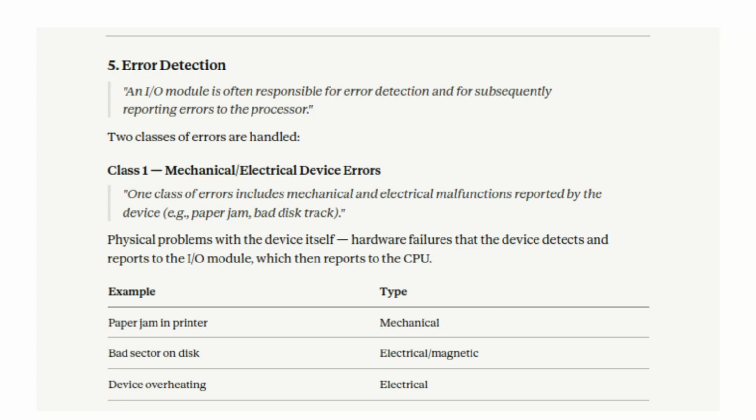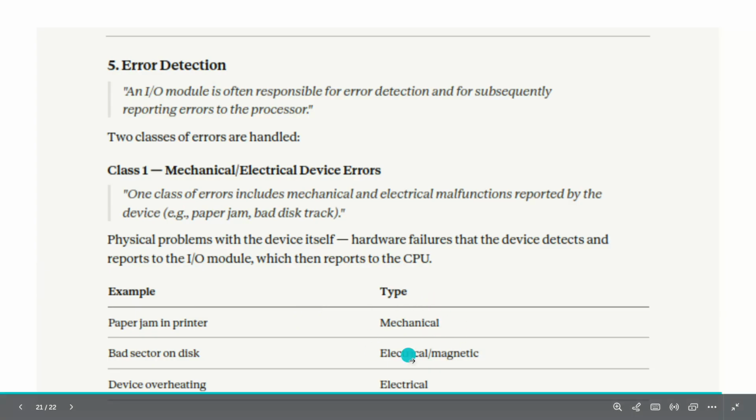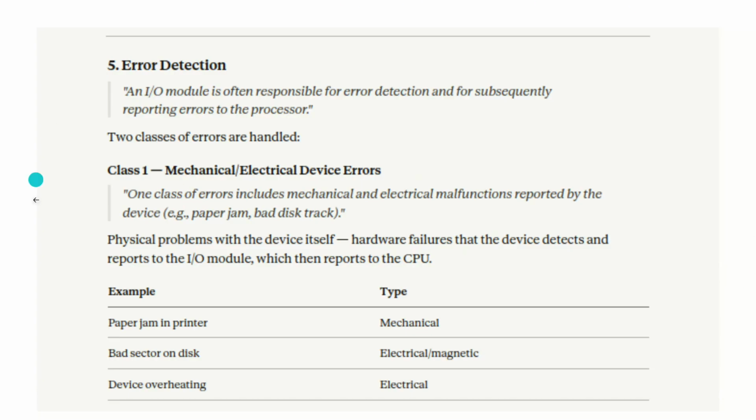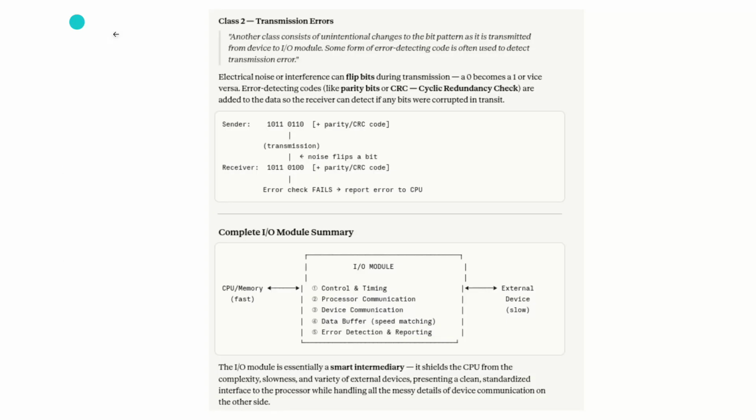This is the first function. A paper jam is a mechanical error. Electrical or magnetic errors are like a bad sector on the disk or the device overheating. These hardware failures in the device are detected and reported to the IO module, which then reports them to the CPU. This is the first class of error.